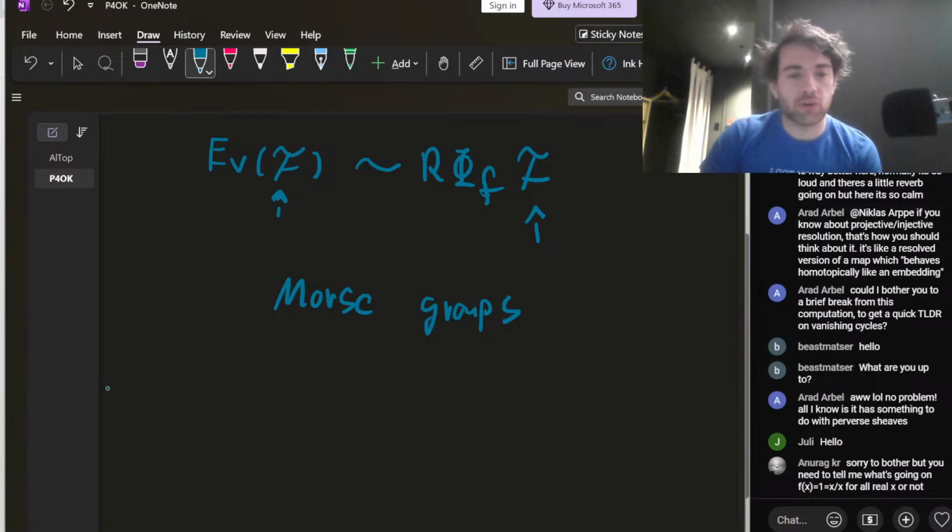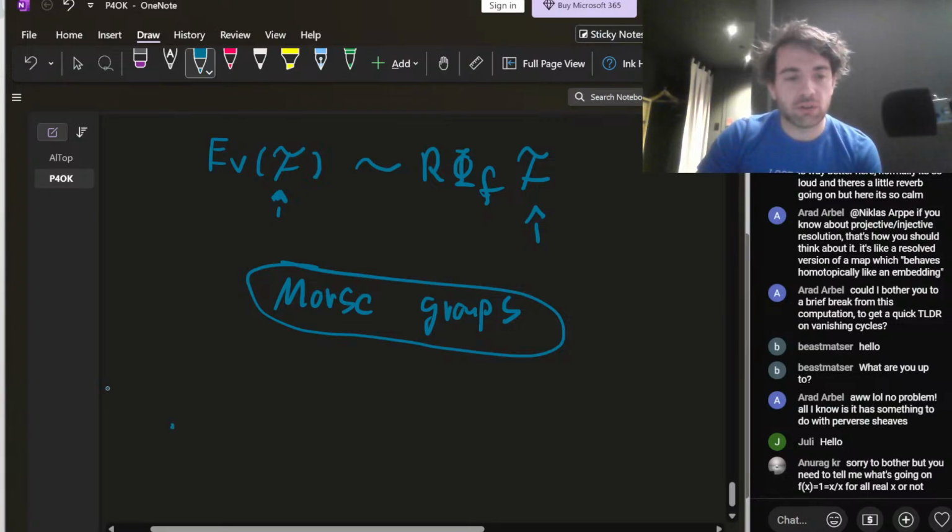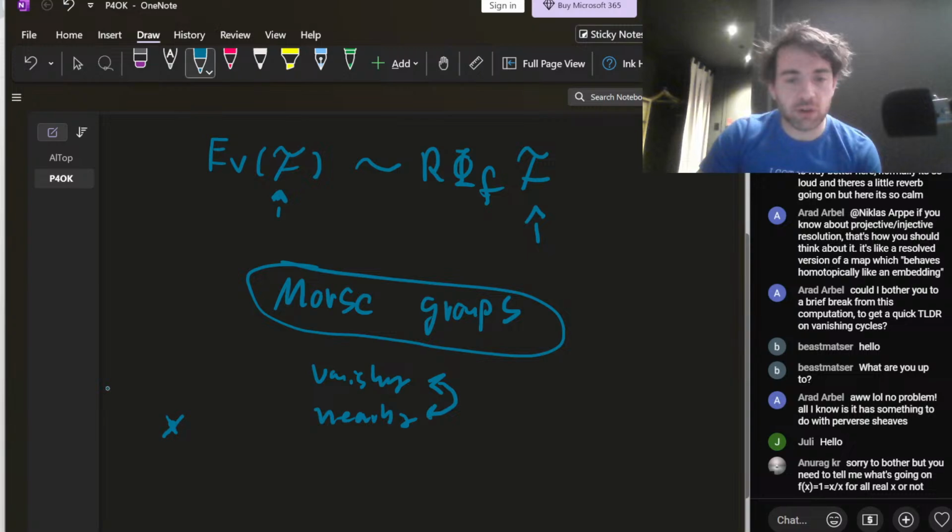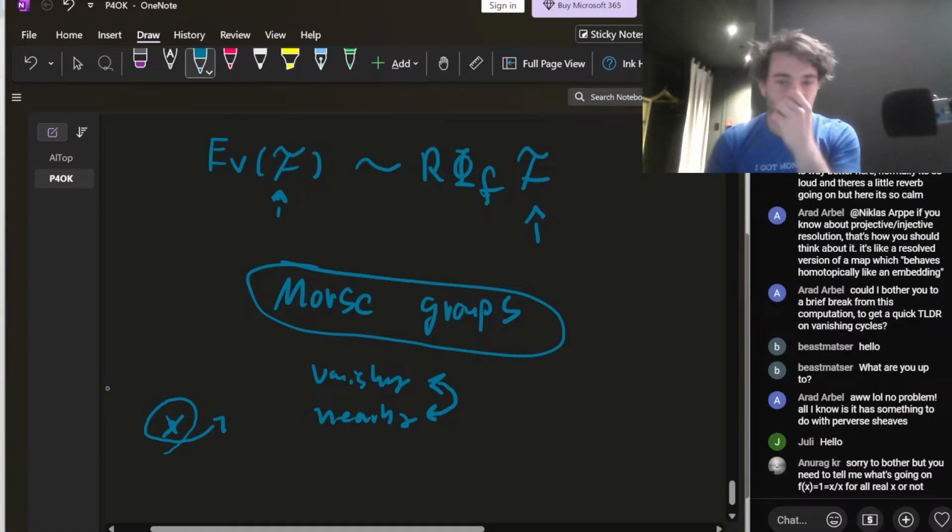There's supposed to be some connection with Morse groups, some vague idea where if you have some singularity in your space, there's the vanishing cycles and the nearby cycles, and they're both related, and somehow they're tracking the behavior of your sheaf as you go around a singularity.